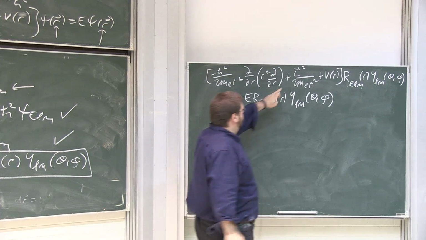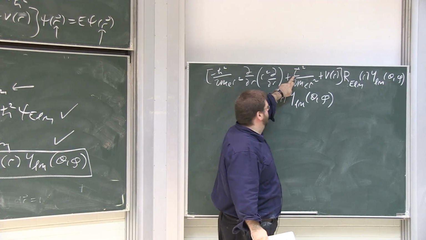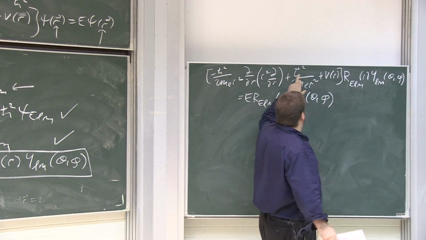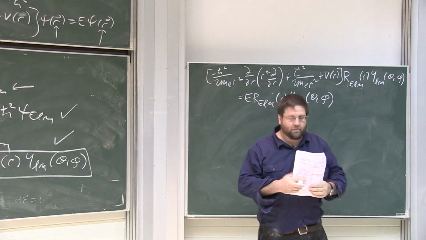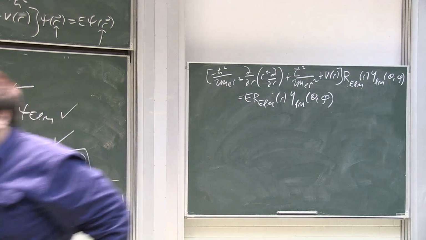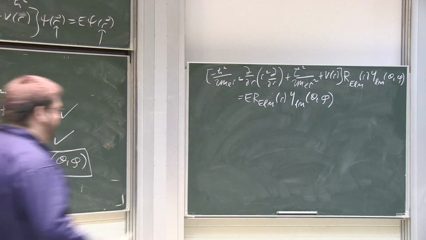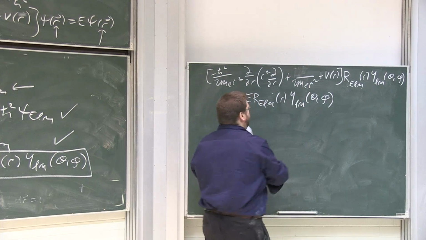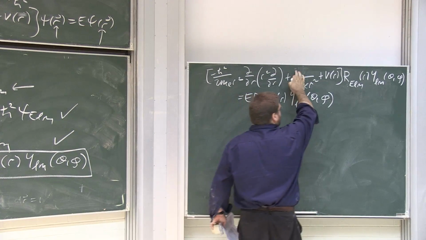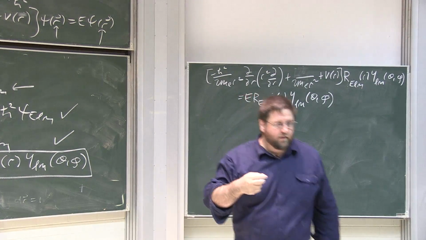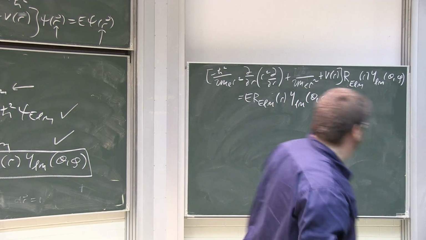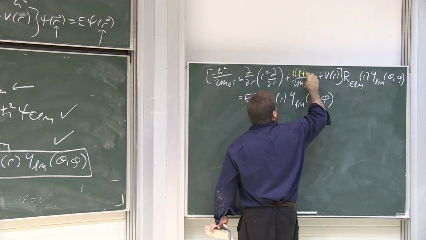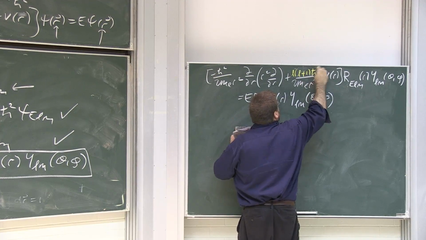Now, this contains only angular coordinates. As far as L squared is concerned, this is a constant. L squared acts directly on the spherical harmonics. And we know what happens when L squared acts on the spherical harmonics. In fact, the spherical harmonics were constructed to be eigenfunctions of L squared and Lz. So when L squared acts on this spherical harmonic, it pulls out the associated eigenvalue, l(l+1) h bar squared.